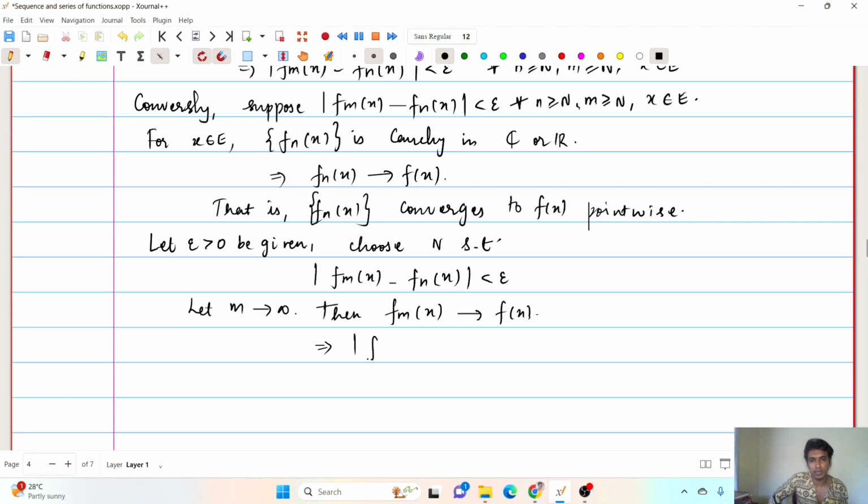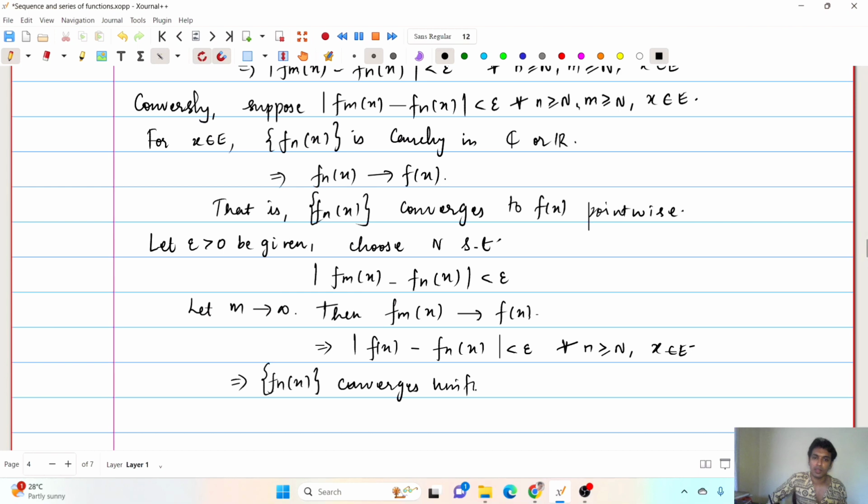So this will imply that absolute of f of x minus fn of x is less than epsilon for all n bigger than or equals N and x in E, which just proved fn of x converges uniformly to f of x. We just completed this theorem.